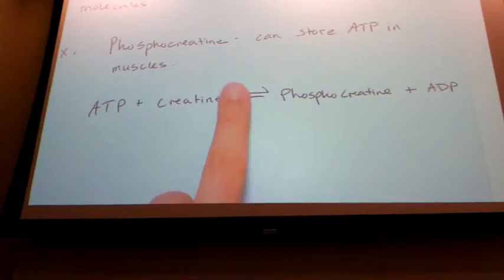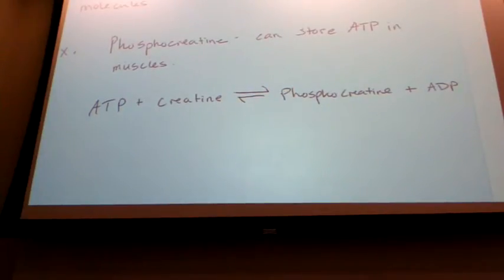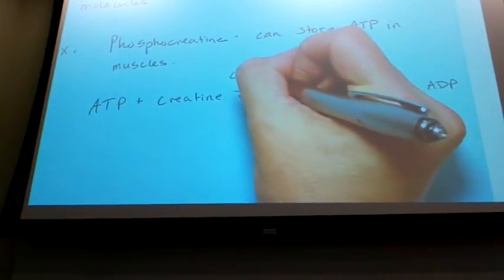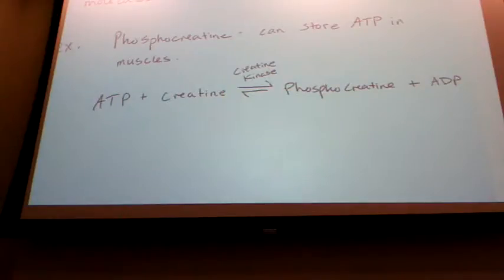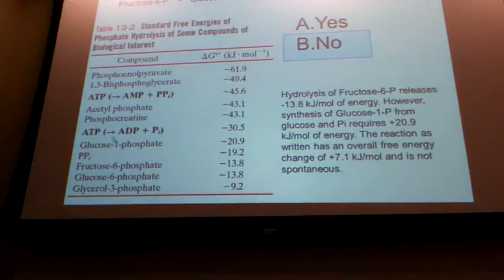If you wanted, you could write the ATP or the ADP over the arrow, and that would be fine. There's an enzyme that does this called creatine kinase. If we look at our table, ATP going to ADP releases the 30.5.